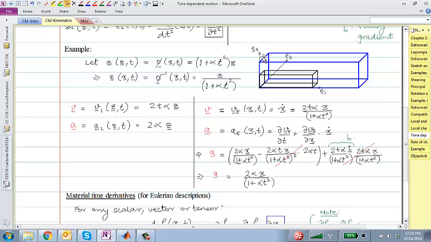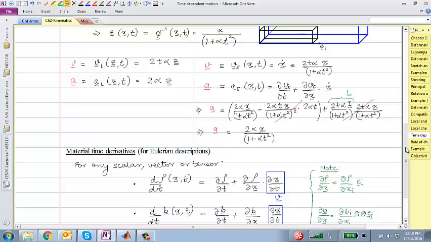Because it has grown, density has decreased. So now the question we are trying to address is, within this Eulerian configuration, a material particle that was originally somewhere else arrived at my location.